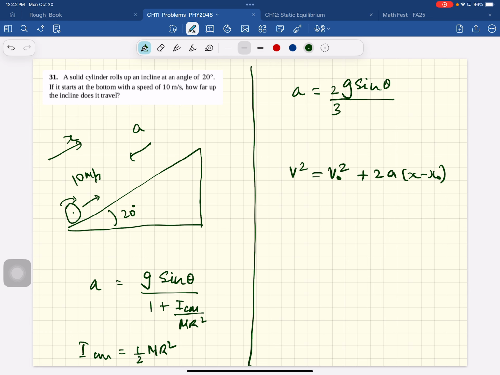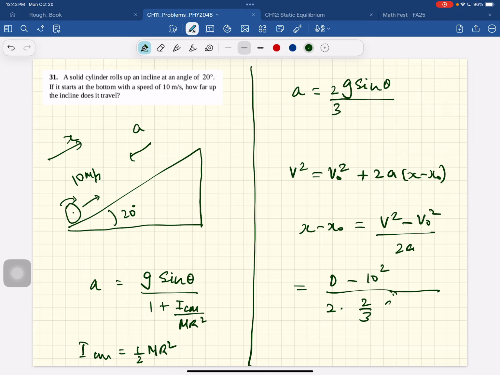So x minus x naught is v squared minus v naught squared divided by 2a. Final velocity is 0. 10 squared divided by 2 times 2/3 times 9.8 sine 20. And the acceleration, by the way, is negative. This was the positive direction, so the acceleration is negative.